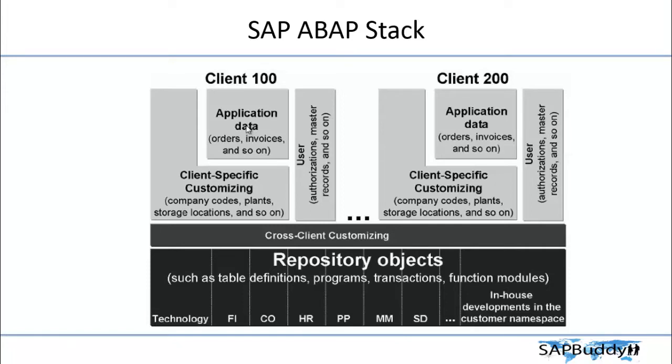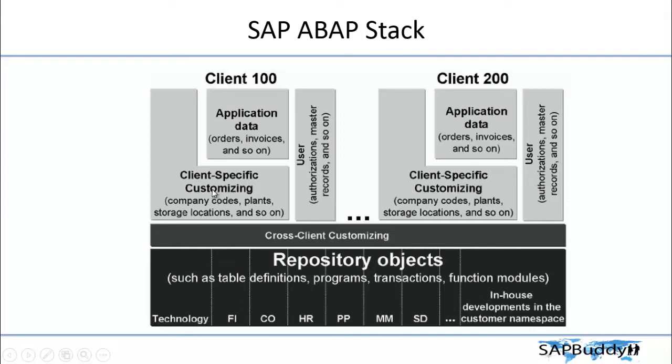Now we will see what is in this client. So this client contains client-specific data. First thing is client-specific customizing data. What is client-specific customizing data? Whenever we are creating, for example, a company code, a plant, a profit center or a cost center, these are all customizing data.